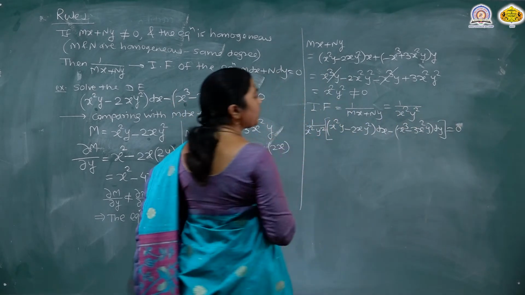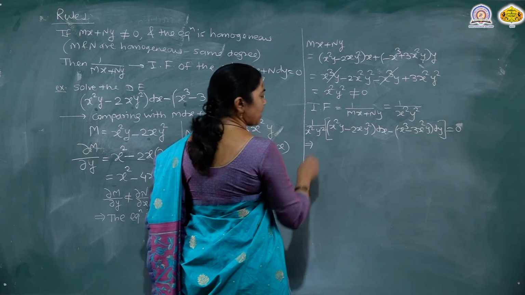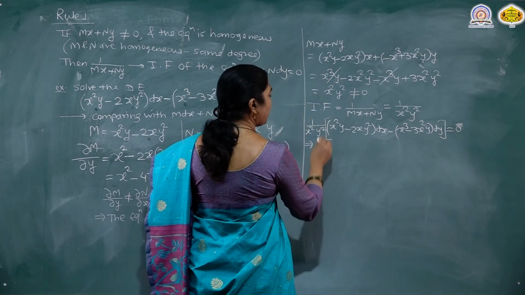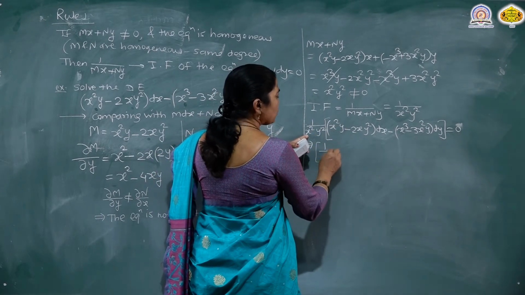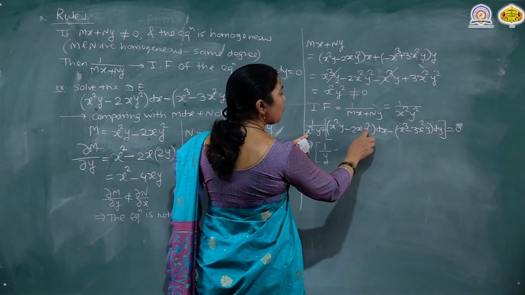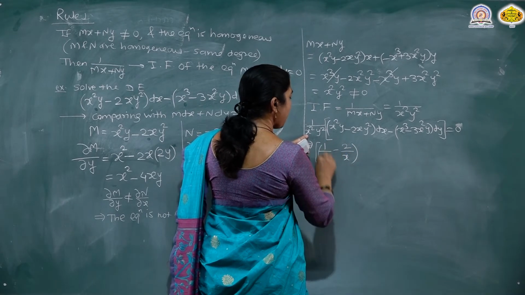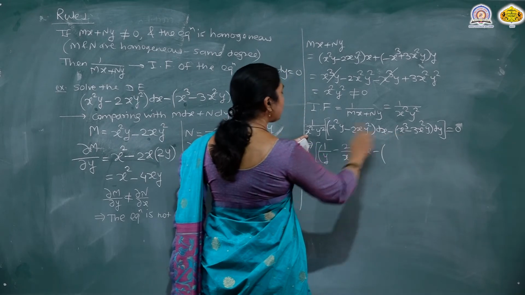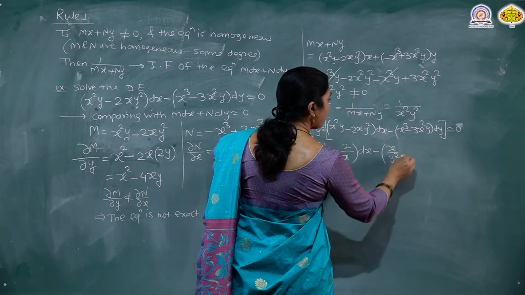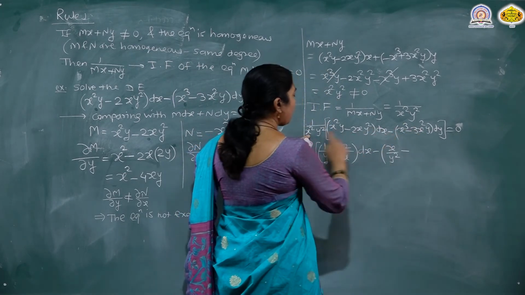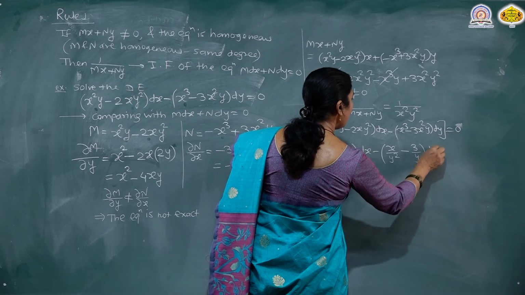If you multiply 0 by this, it remains 0, so both sides are multiplied by 1 upon x²y². So it reduces to x²y upon x²y², which remains 1 upon y, minus 2xy² upon x²y², which remains 2 upon x, dx, minus x³ upon x²y², which remains x upon y², minus 3x²y upon x²y², which remains 3 upon y, dy equal to 0.